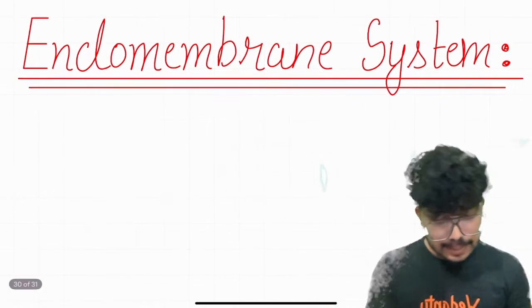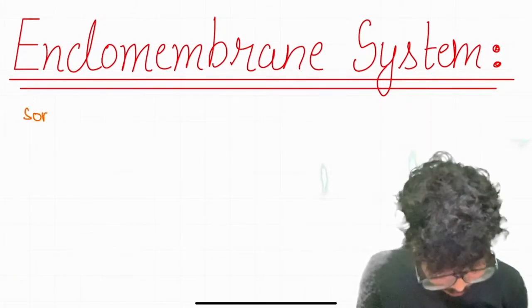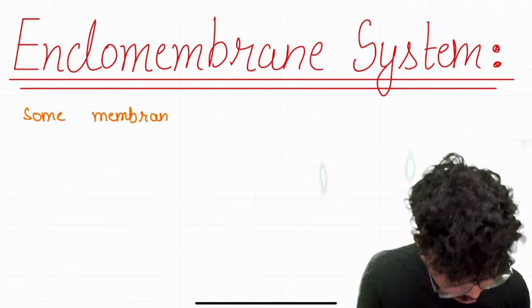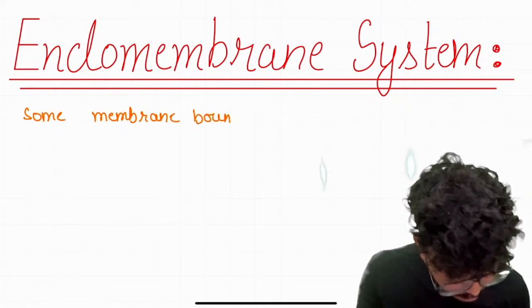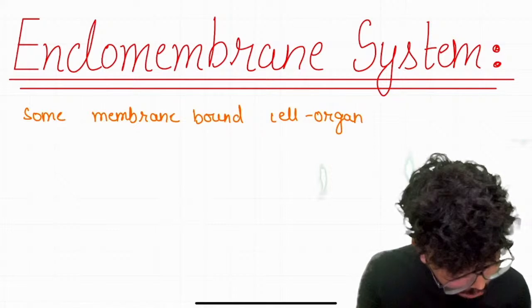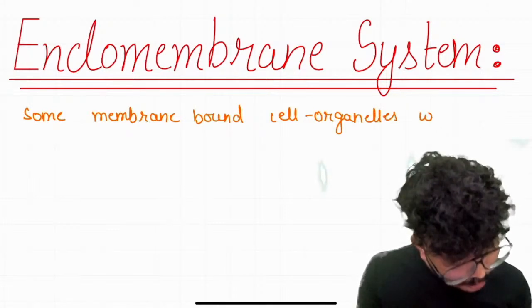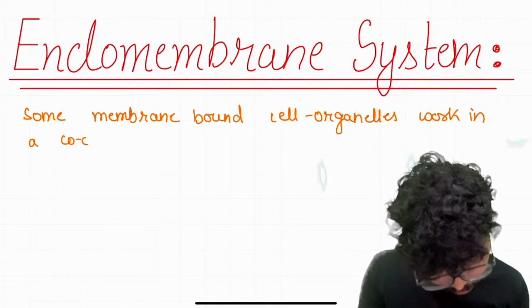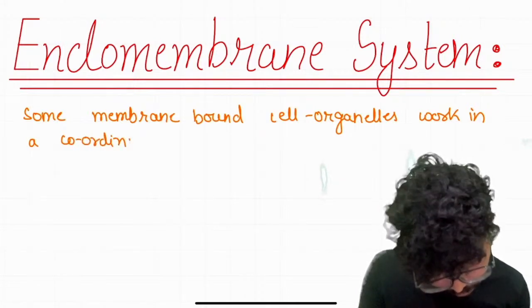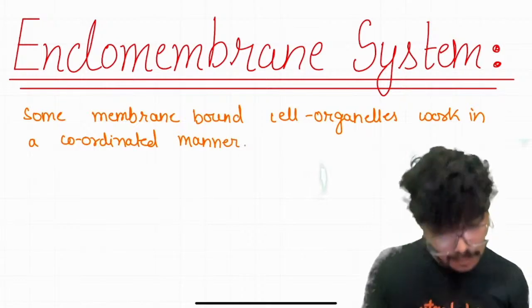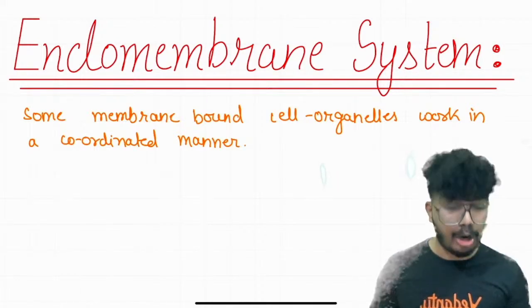Some membrane bound cell organelles work in a coordinated manner, and this system will be called the endomembrane system.